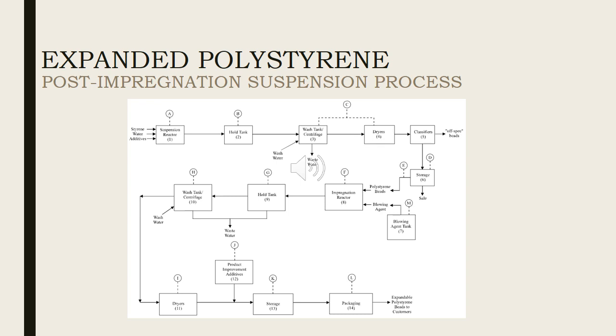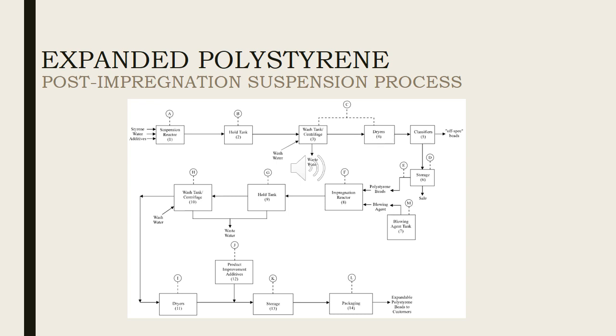From the hold tank, the slurry is washed and dewatered in a centrifuge, unit number 10, and then dried in low temperature dryers, unit number 11. In some instances, additives from unit number 12 may be applied to expanded polystyrene beads to improve process characteristics.